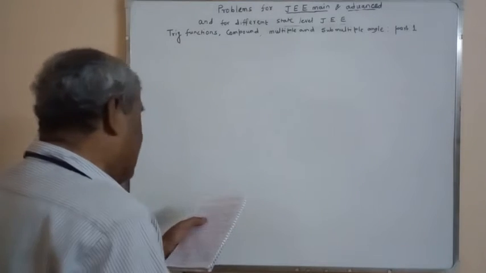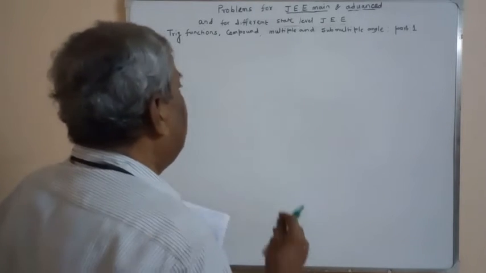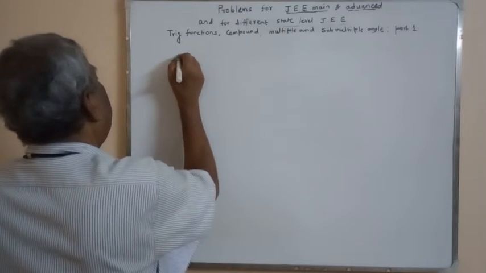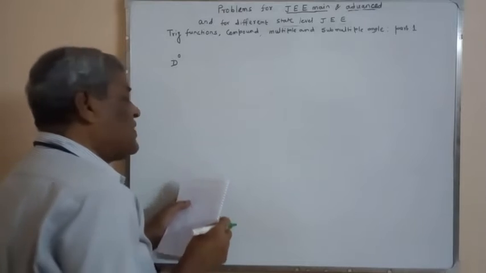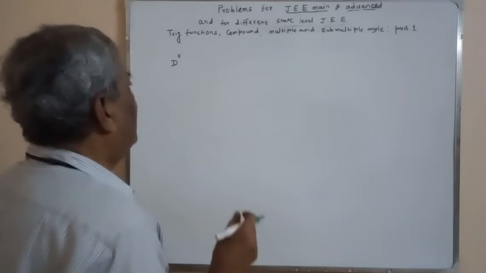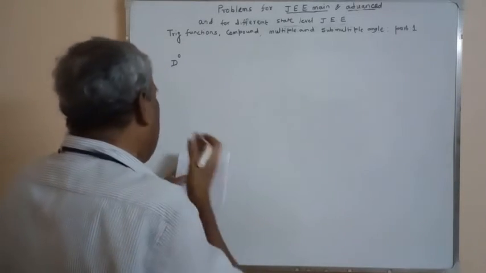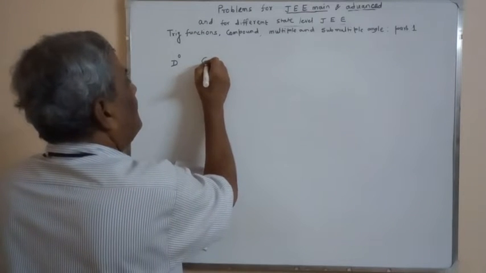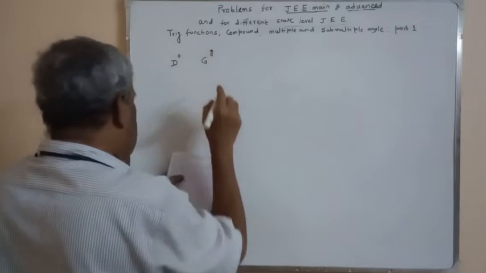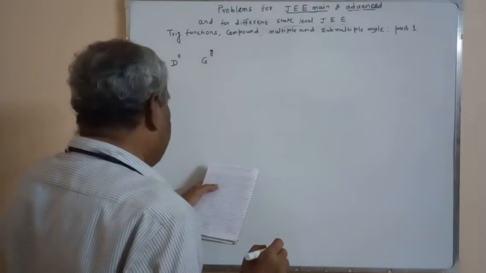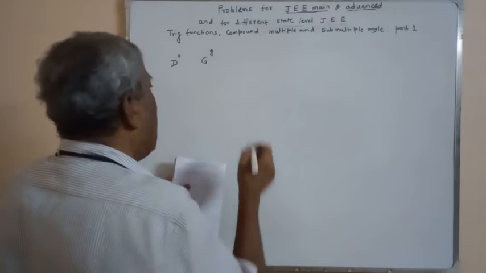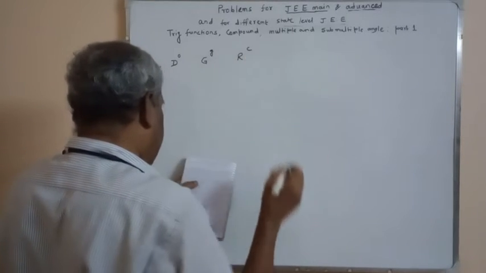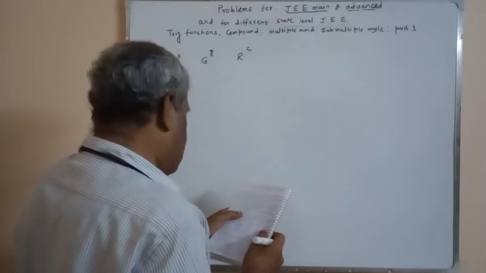Suppose a particular angle is D degree in sexagesimal system. The same angle is G grade in centesimal system and R radian in circular system.